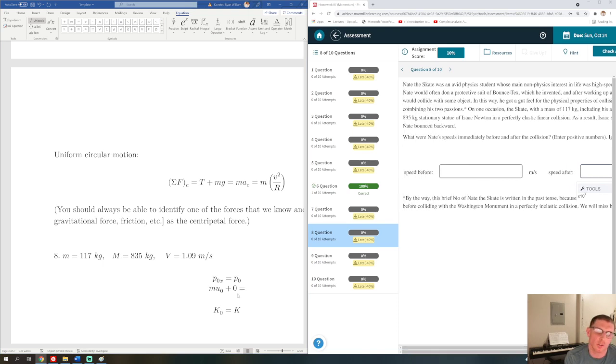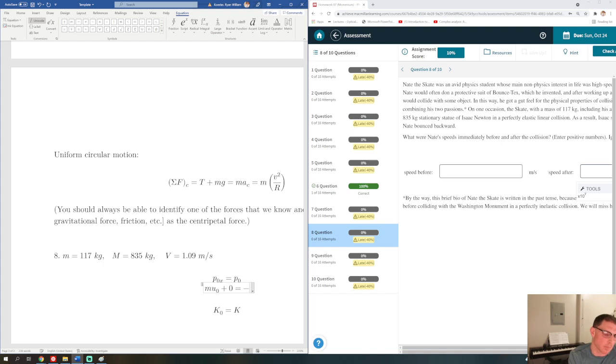After the collision, Nate bounces backward, and we have to be careful with directions and the fact that momentum is a vector. We can account for that by putting plus or minus signs in front of these terms, just like when summing forces in the x or y direction.